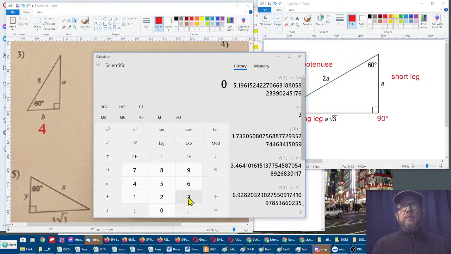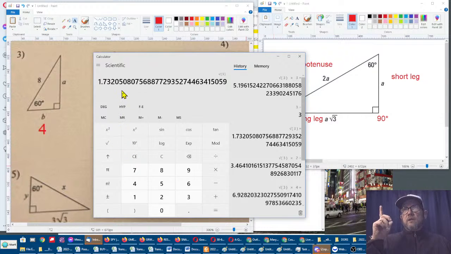I just remember: press 3, then press square root, and then multiply by 4, because your short leg value a times square root of 3 gives the long leg. So it'll be 4 times square root of 3.